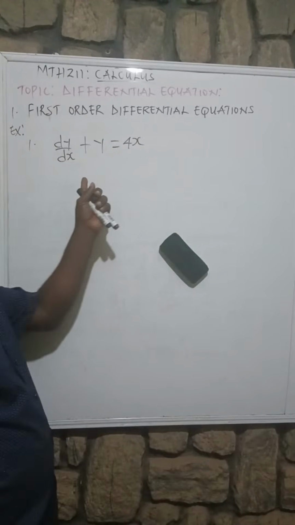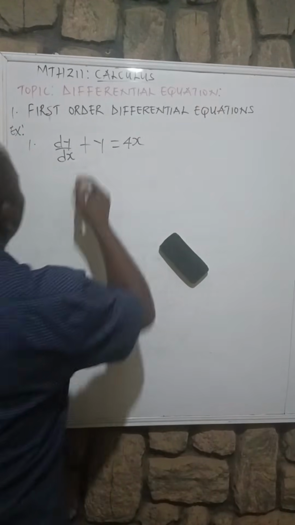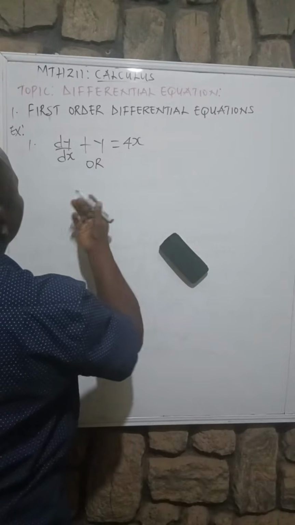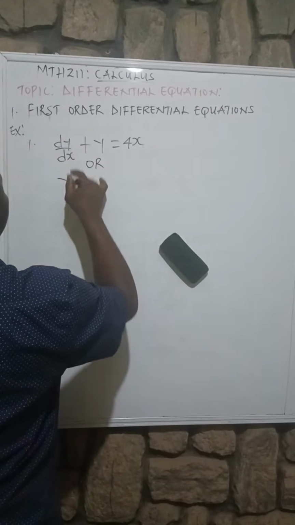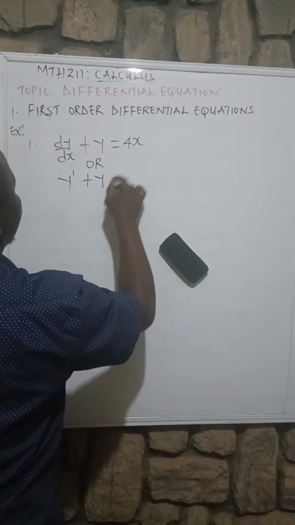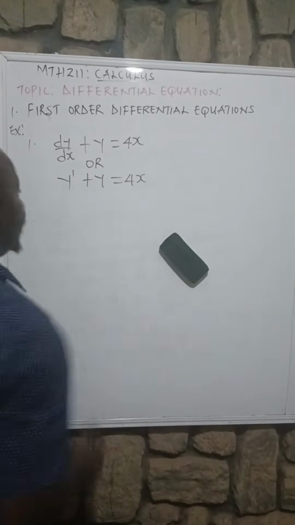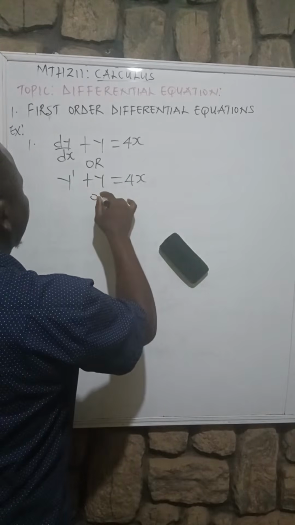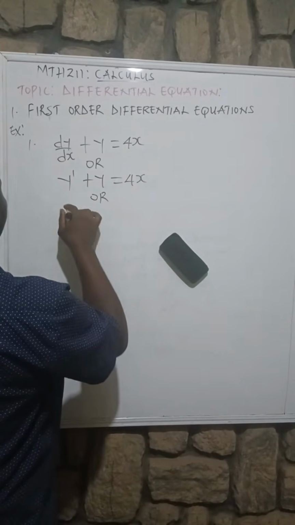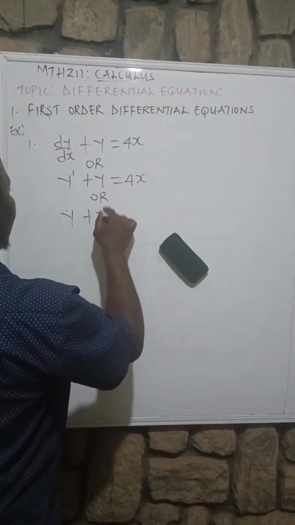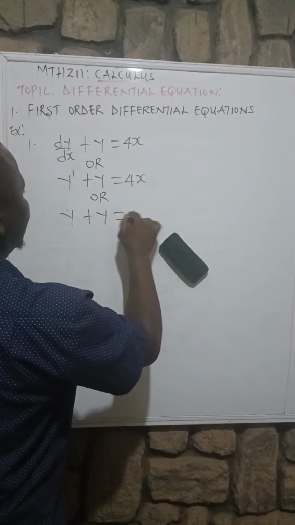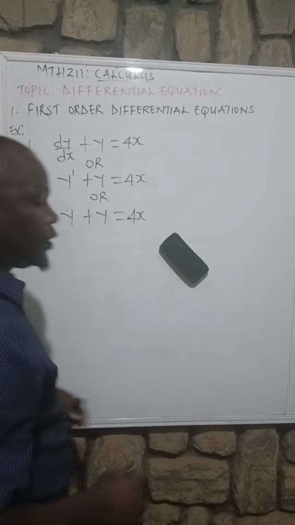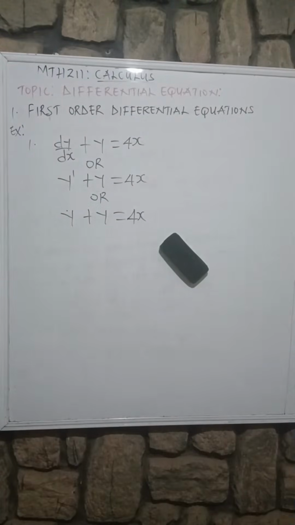This is the first order differential equation, or the notation can be y prime plus y equals to 4x. I taught you this, true or false? Or it can be in this form, y dot plus y equals to 4x. True or false? True, right?